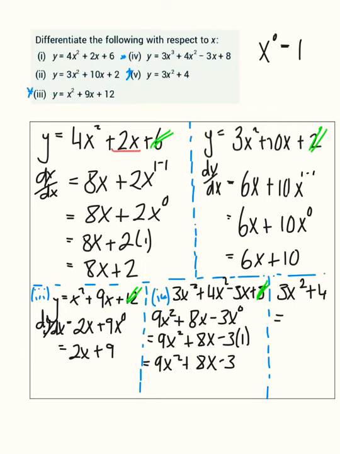So 2 times 3 is 6x, minus 1 from the power is 1, 2 minus 1 is 1. And then differentiating our 4, we just cross that off as it's a constant, which leaves me with dy dx, my derivative in this case, being simply 6x.